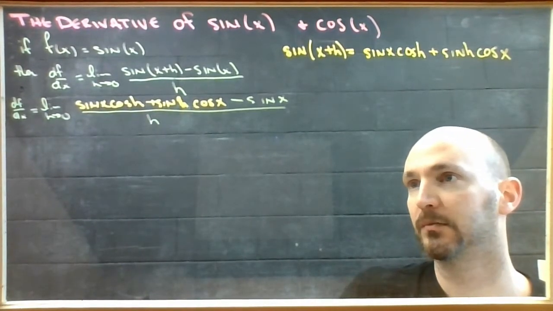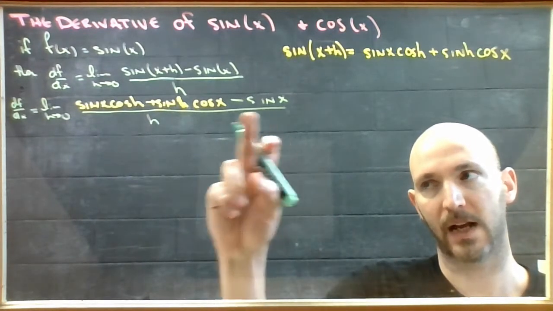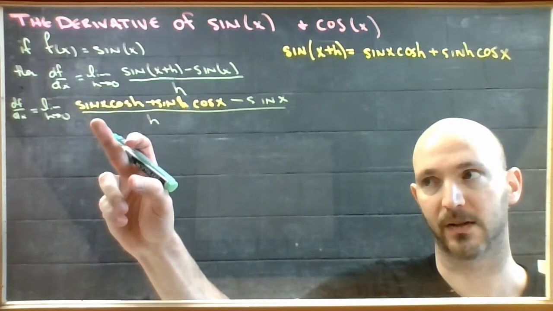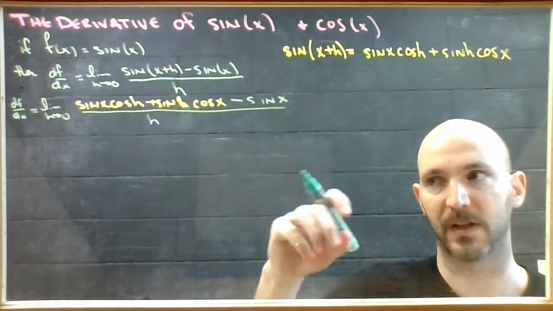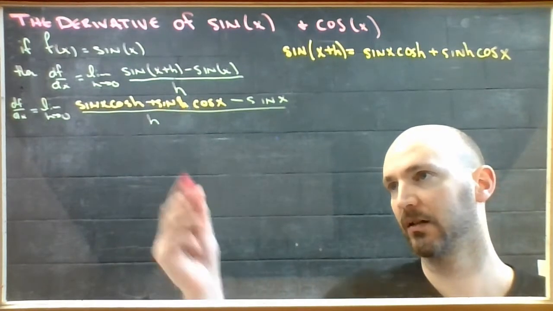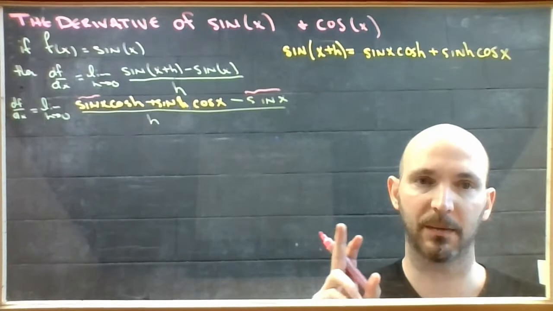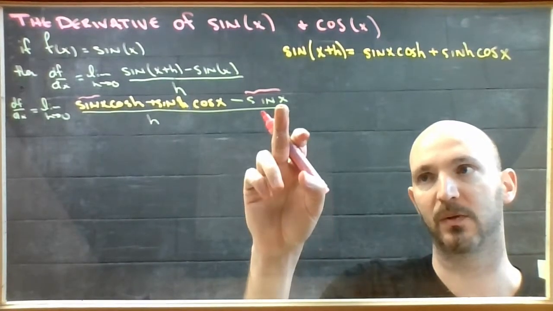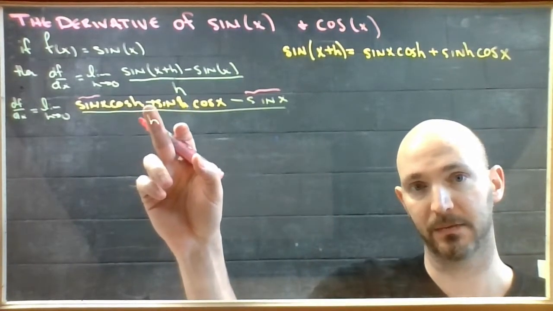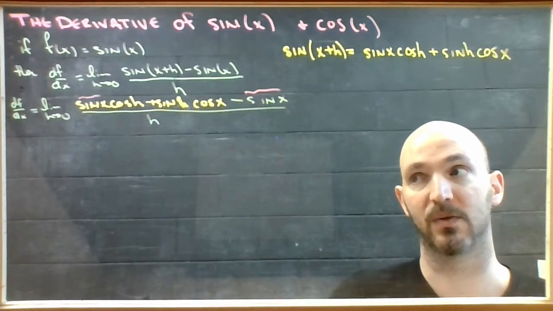Okay, good. Now, if I look at this, I don't have a stray sine x, right? I don't have a sine x to subtract from that, but I do have one here, and I have one here. So what I'm going to do is bring them together so that they're sitting right beside each other so that I can do some factoring.